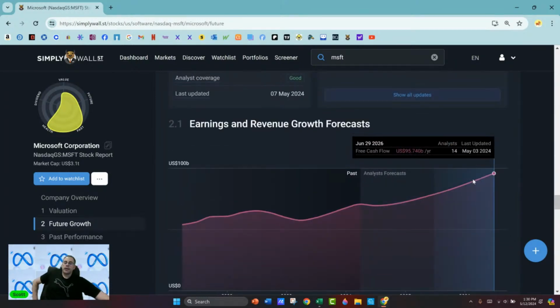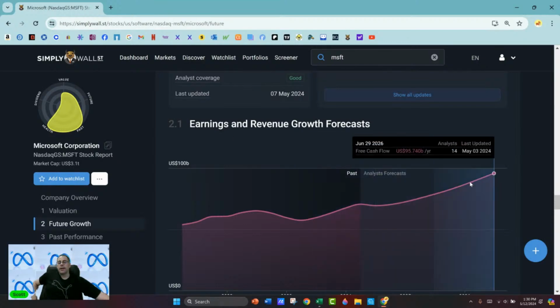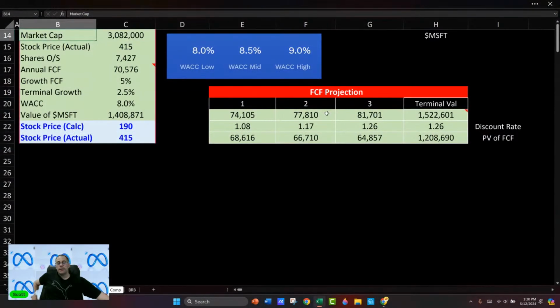Analysts have 69 billion, 78, 95. So they're at 95 billion in year 3. So why would Microsoft be trading at 415 if the DCF is 190? Well, first of all, I just grew their current free cash flows 5%.